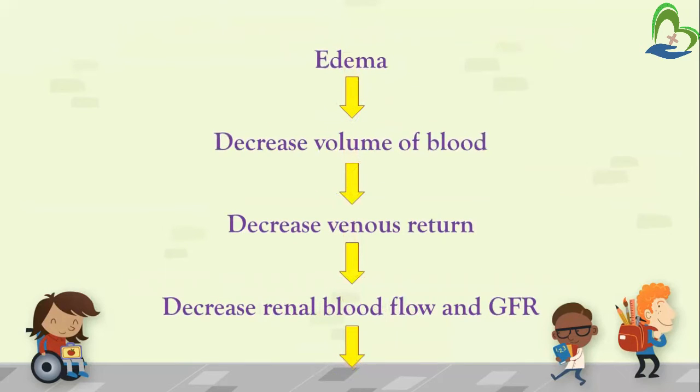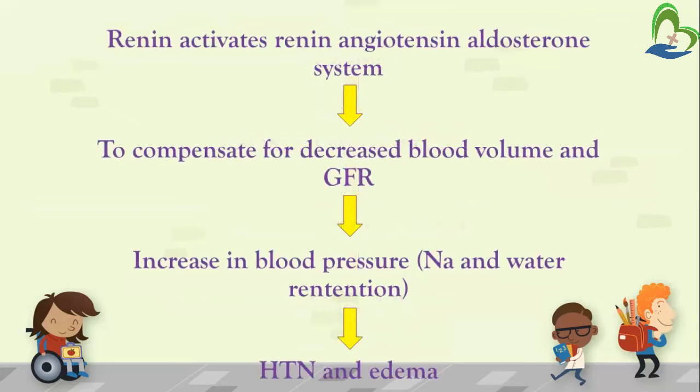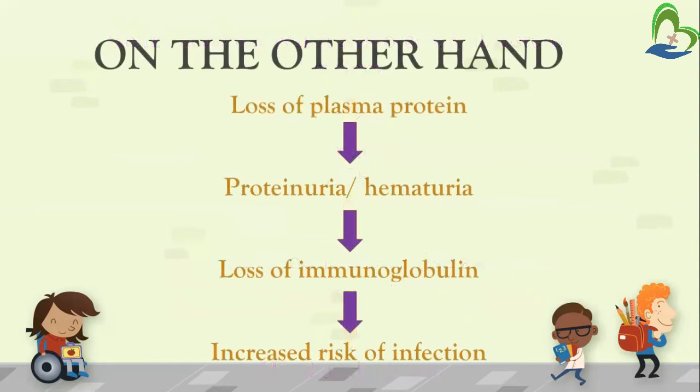Decreased blood volume also decreases venous return, renal blood flow, and the GFR. That activates the renin-angiotensin-aldosterone system to compensate for the decreased blood volume and GFR, with sodium and water retention and an increase in blood pressure, which leads to hypertension and anemia.